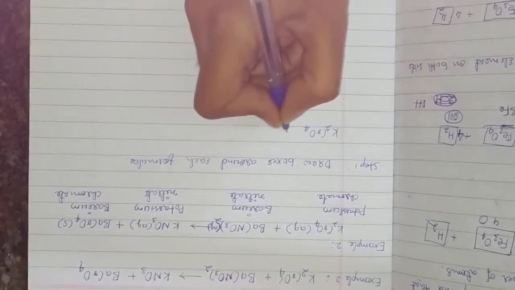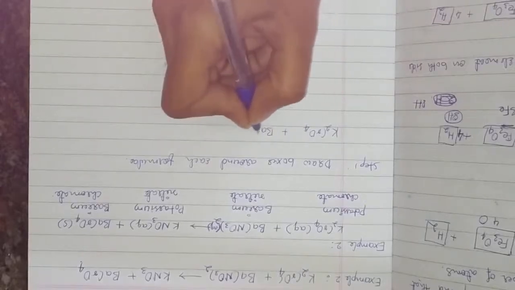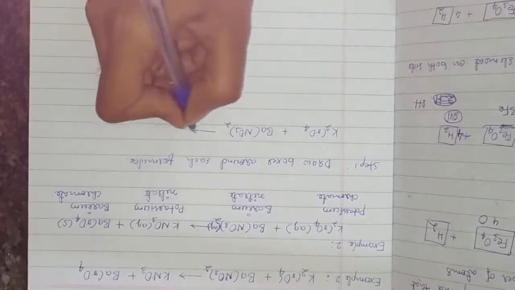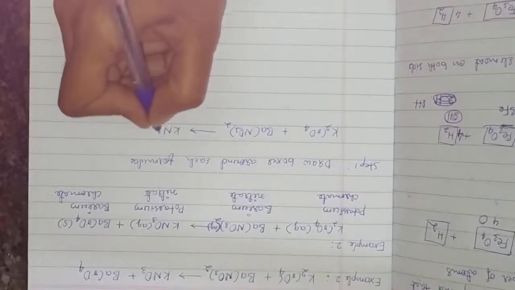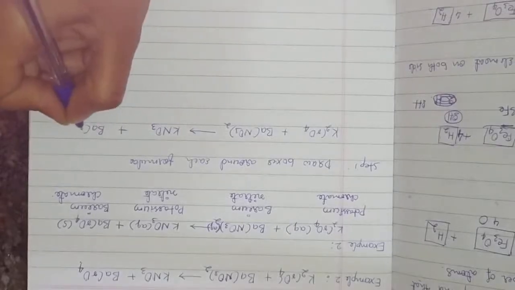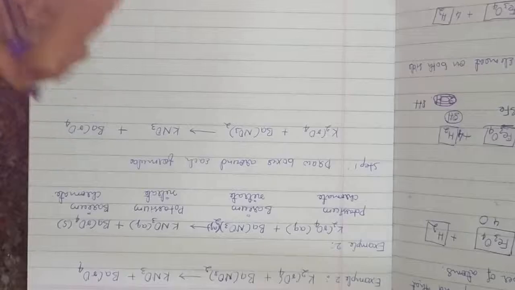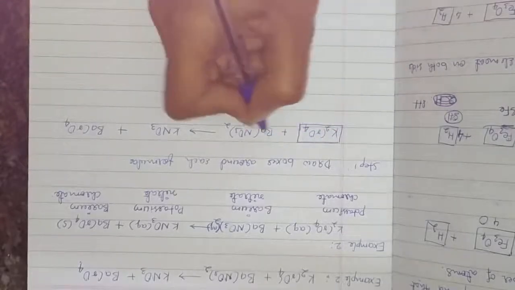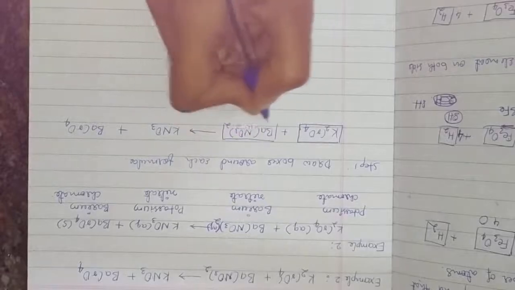Potassium chromate plus barium nitrate, it gives potassium nitrate and barium chromate. So I will draw the boxes around each chemical formula.